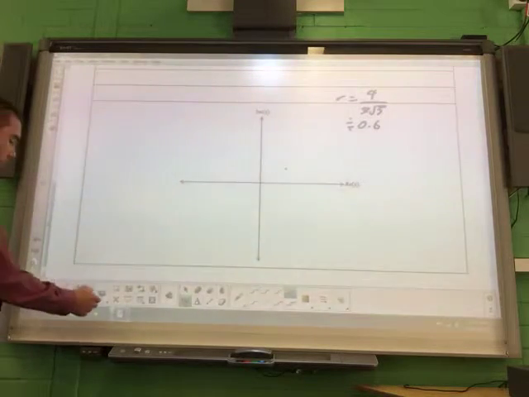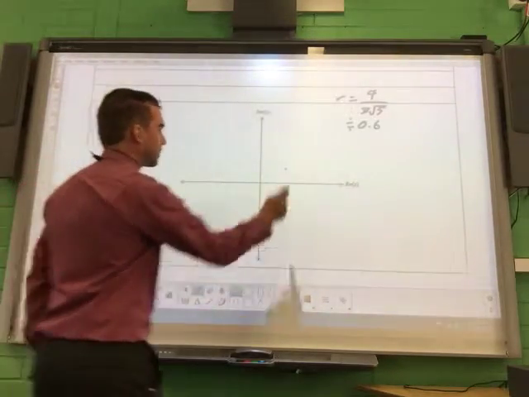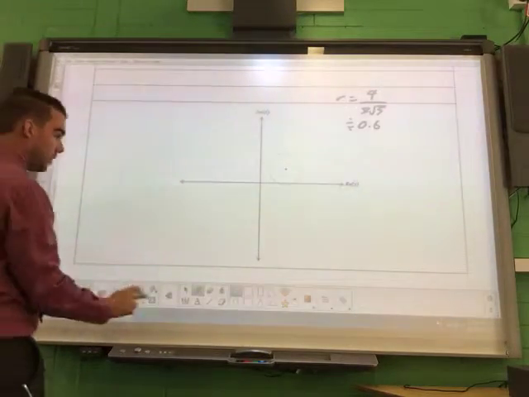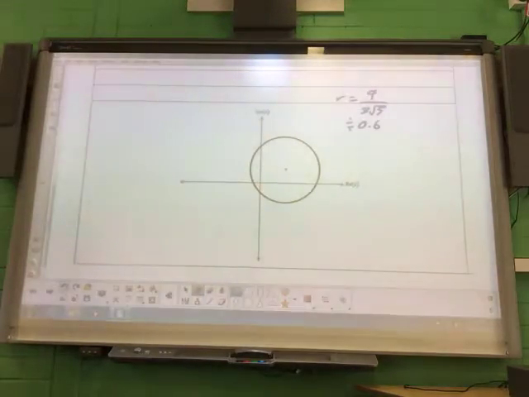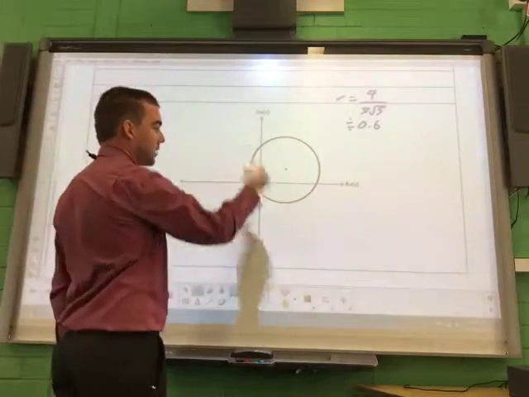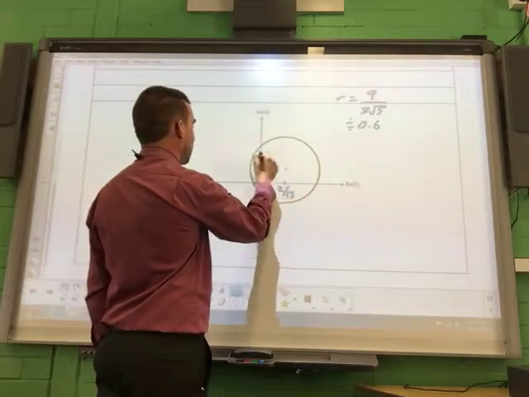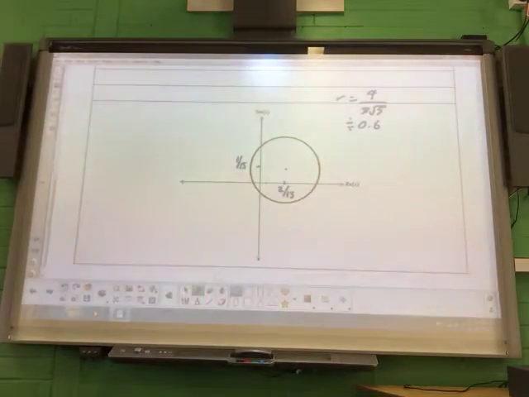When you do the circle, you need to show that if the radius is larger, it's going to have intersection with both axes, because 0.6 is greater than 2 over 15 and also greater than 1 over 15. So show some representation that yes, it crosses at 4 points. Just label the centre and show that the radius cuts 4 places.